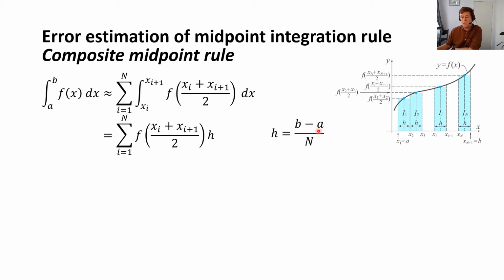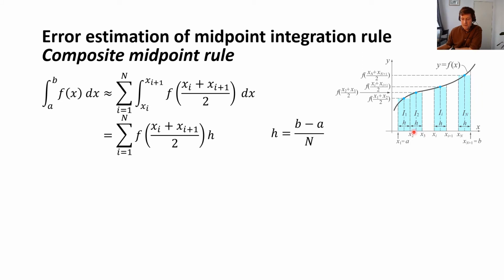In this composite rule, we subdivide the total integration interval from a to b into smaller subintervals. We take a capital N amount of subintervals, and each of these subintervals has a width of h, where h is b minus a, so the total width, divided by n.